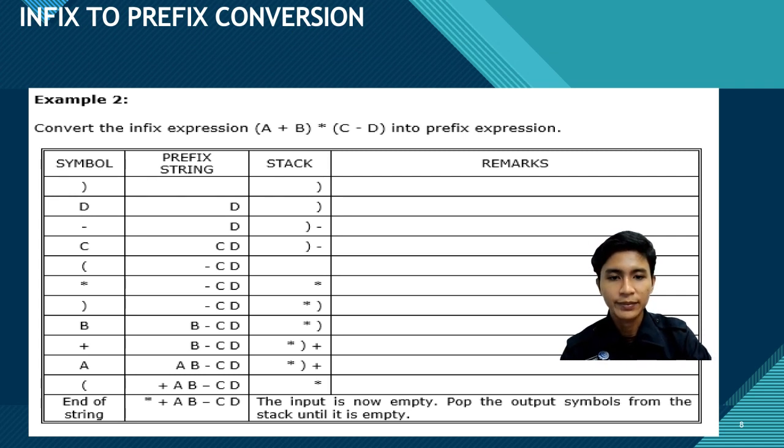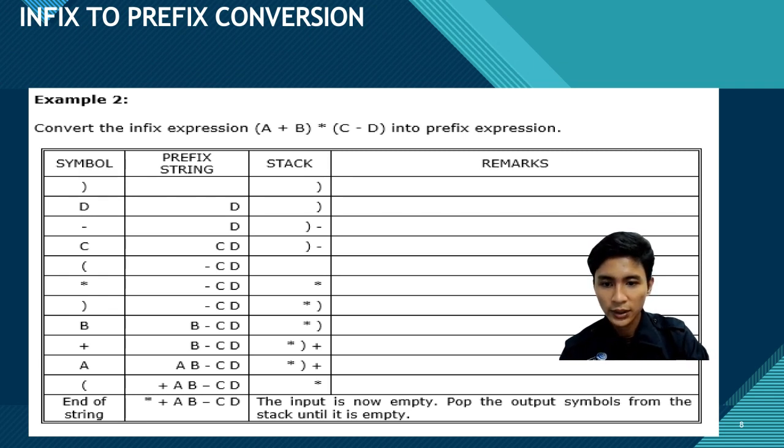For the next is multiply. Multiply we can put on the stack, and the close bracket we can put on the stack, and B we put in the prefix string.